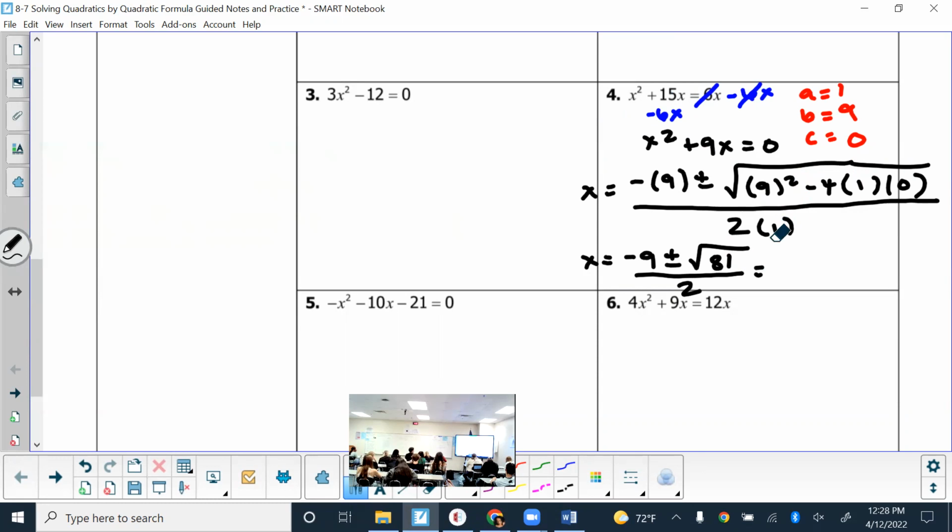All right, simplify it further. What's the square root of 81? So I get negative 9 plus or minus 9 divided by 2. I like just throwing that in the calculator, although you could get decimals or you could get fractions sometimes.